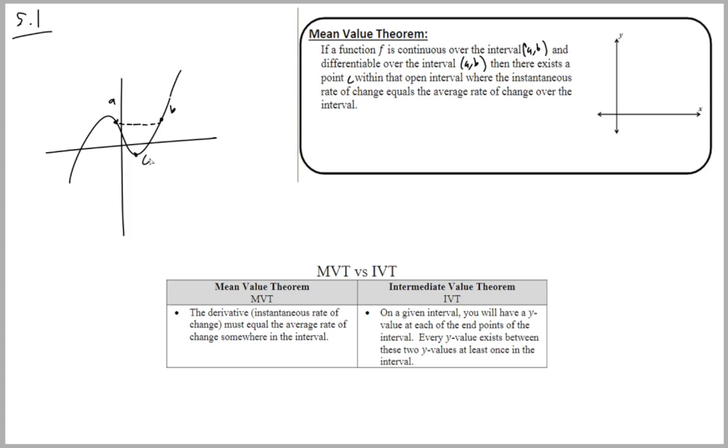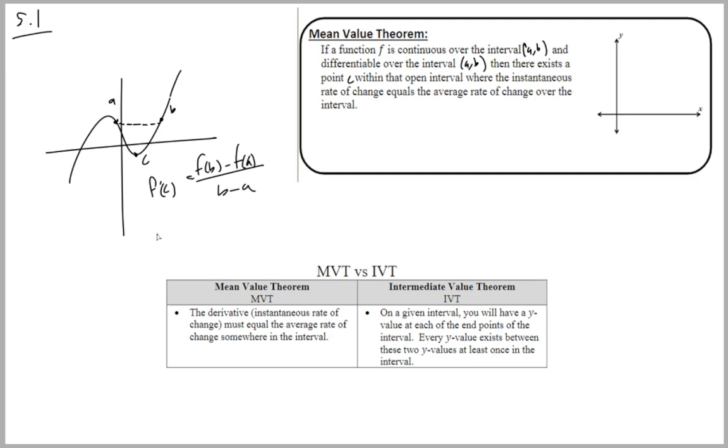There is a point C in which its derivative, f prime of C, equals f of B minus f of A over B minus A, or the average rate of change between A and B. So it helps us predict, understand, and solve for derivatives in between two points.